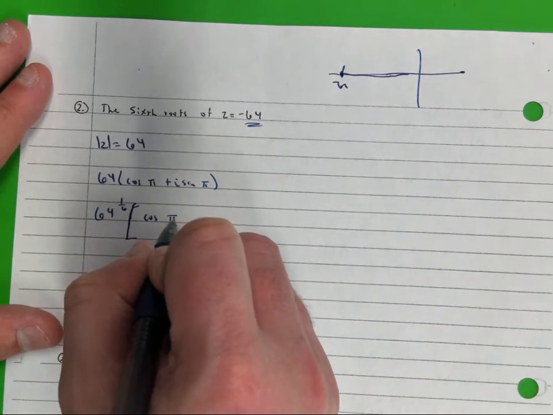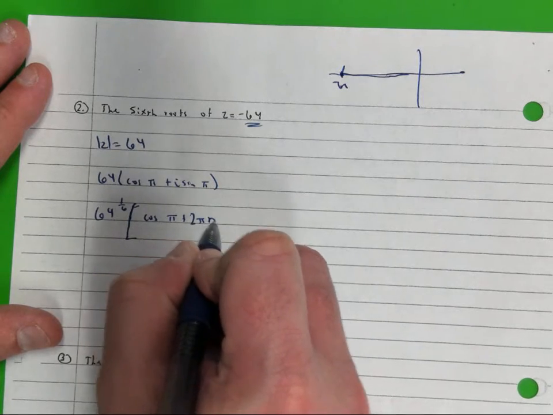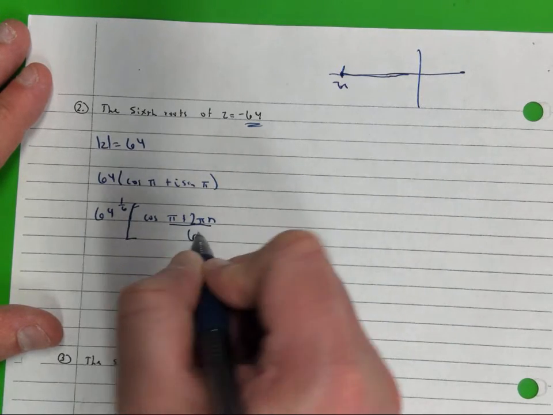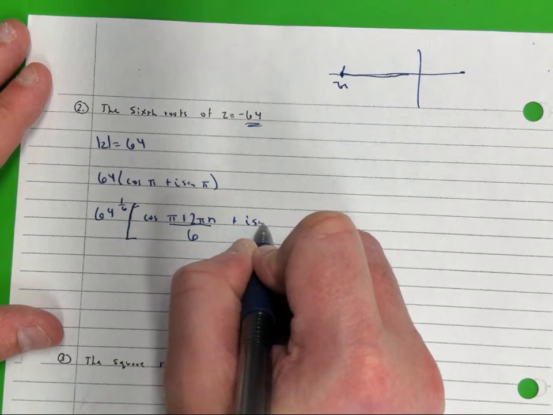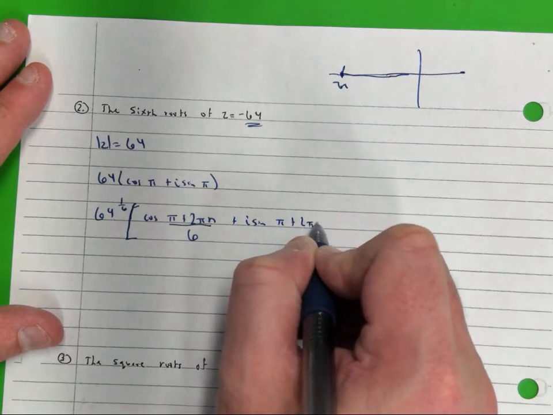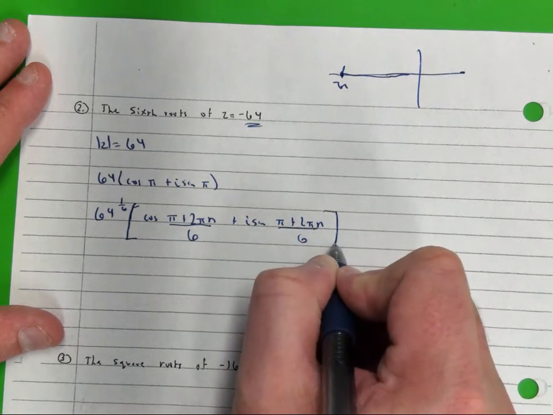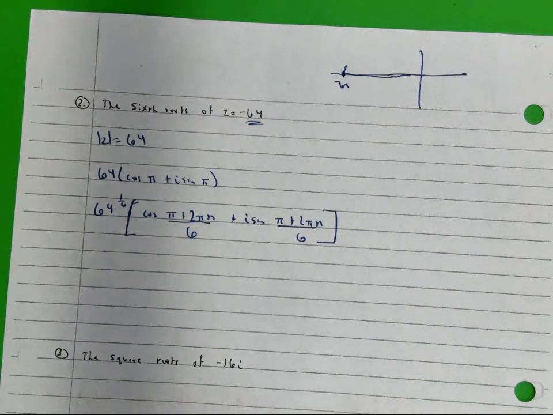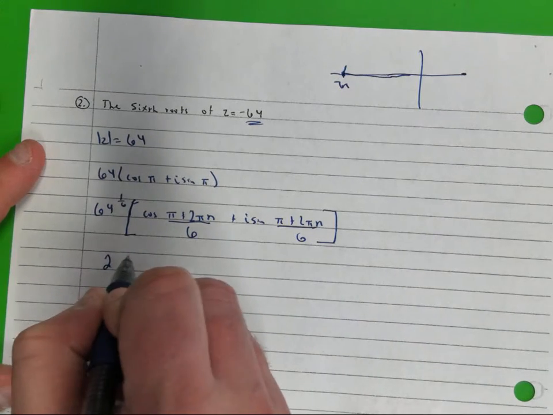Cosine of pi plus 2 pi n over 6, plus i sine of pi plus 2 pi n over 6. So you put your angle, add the 2 pi n, and divide it by the root. 64 to the 1/6 is 2.